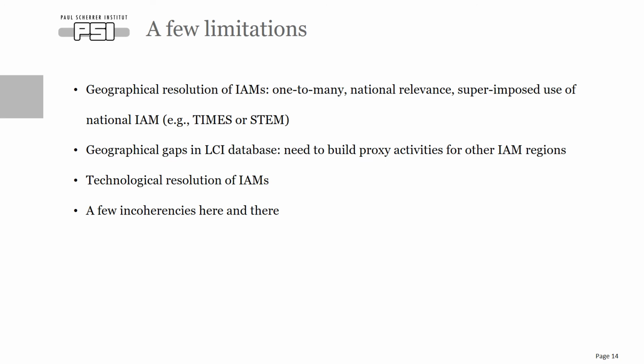For example, we might have inventories on fishery, fish preparation processes for Norway, let's say, but the IAM tells us that there's going to be, I don't know, quite some activity occurring in Asia, but we don't really have the inventory for that.